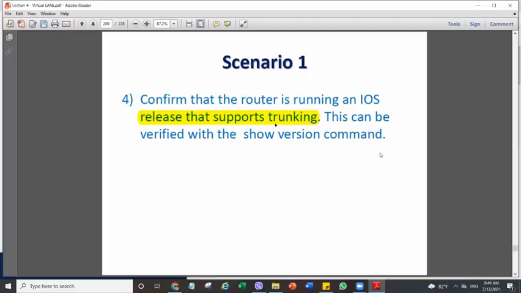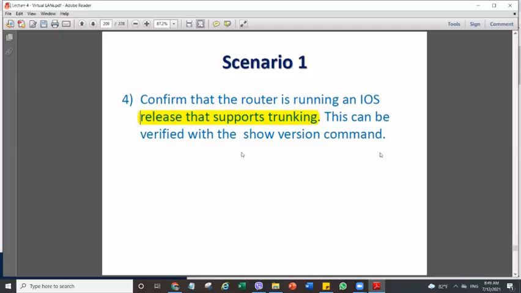During the configuration, if we can do the configuration, then obviously it supports trunking. So some cases are implicitly addressed in such situations with the involvement of the routers.